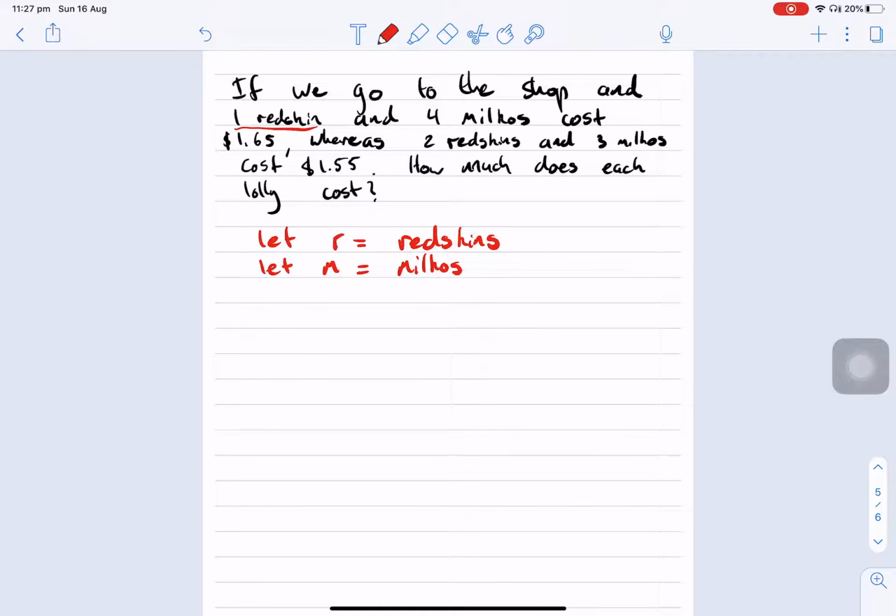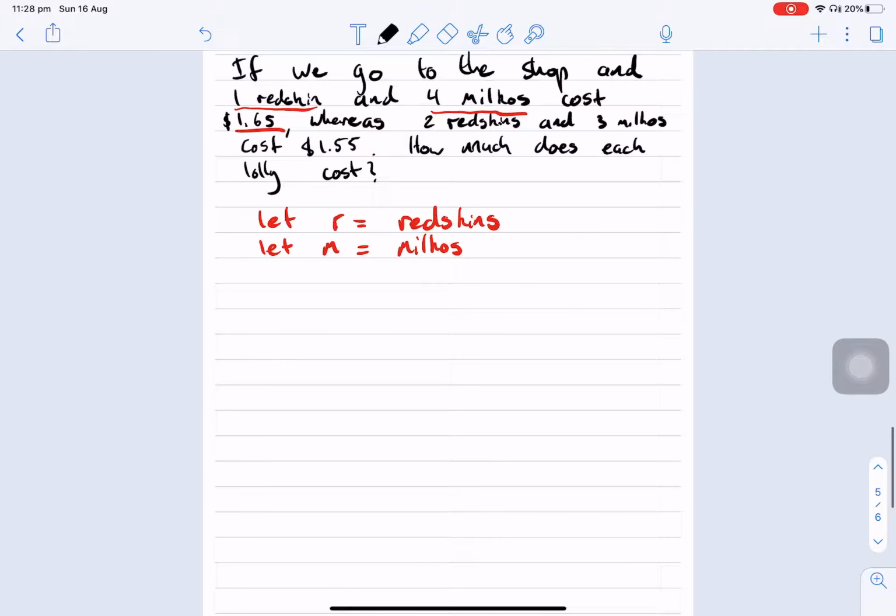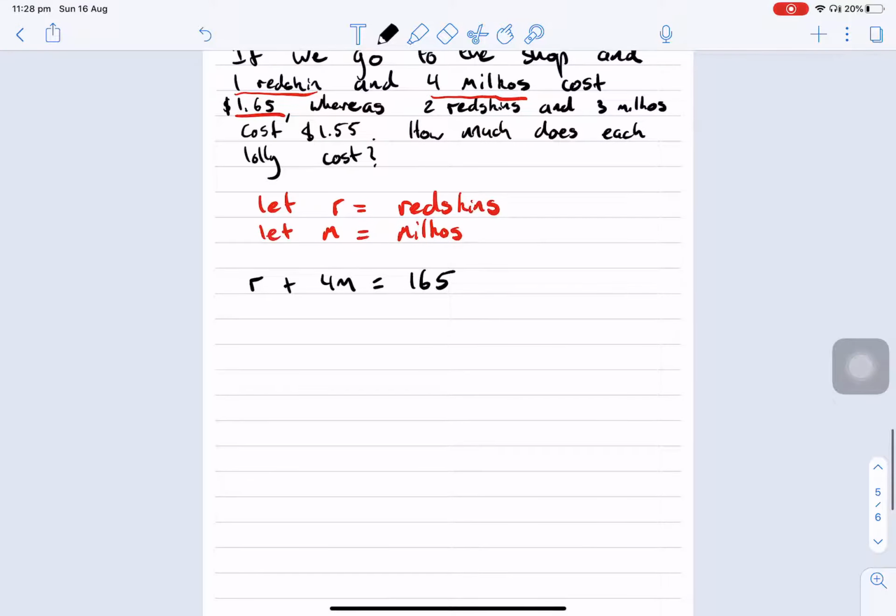So it says 1 redskin and 4 Milkos equals $1.65. So we'll make that our equation 1. So R plus 4M equals, and remember when we're dealing with money that there's 100 cents in the dollar, it's easier to work without the decimal point. So we're going to say that equals 165. 165 cents is $1.65.